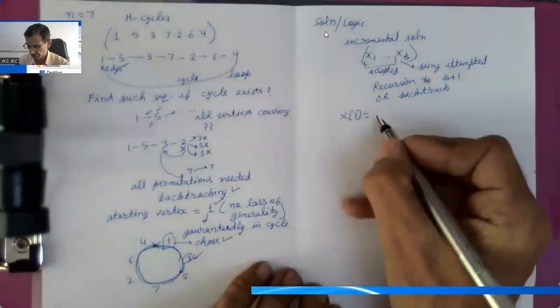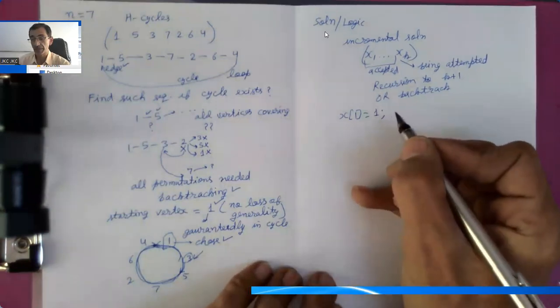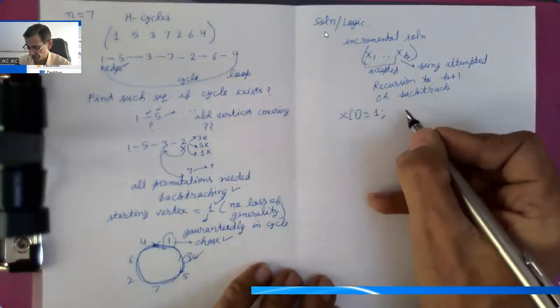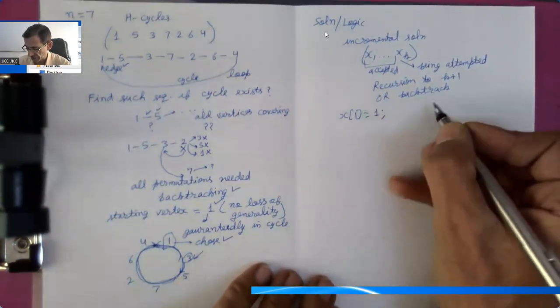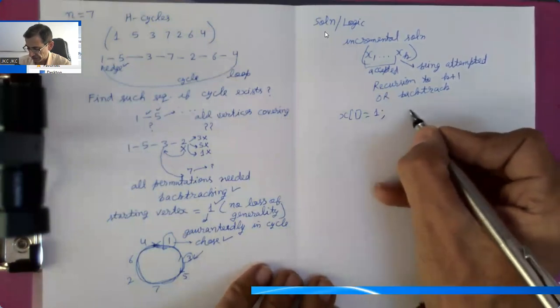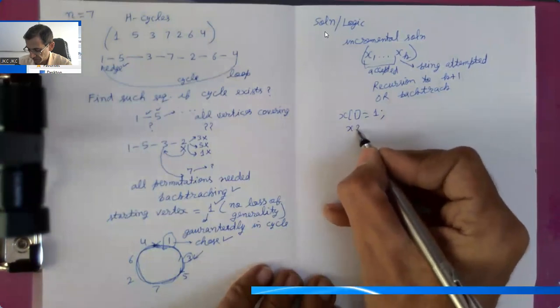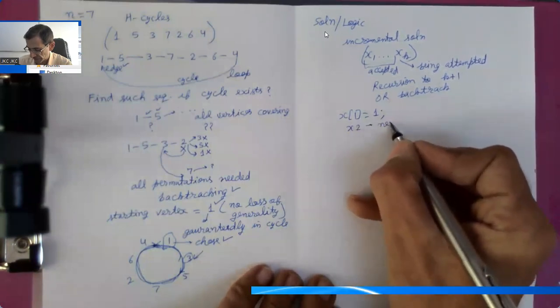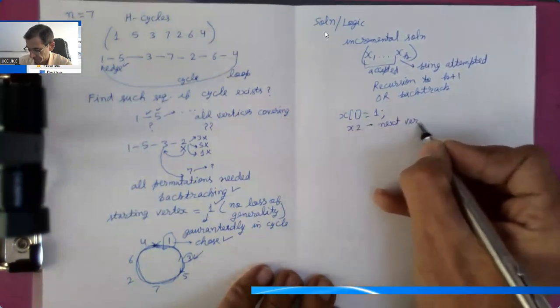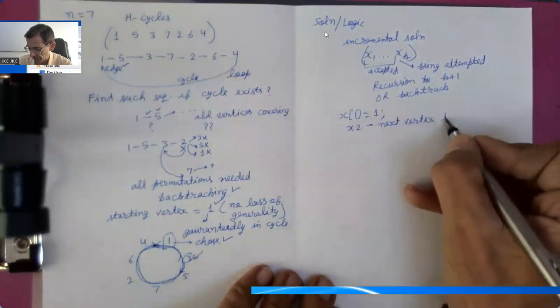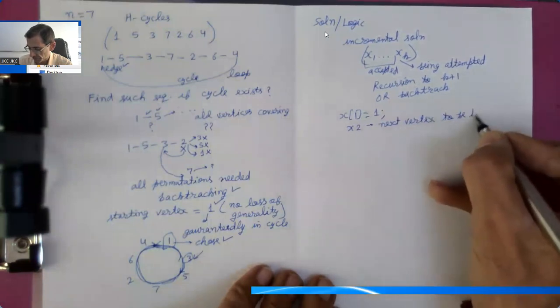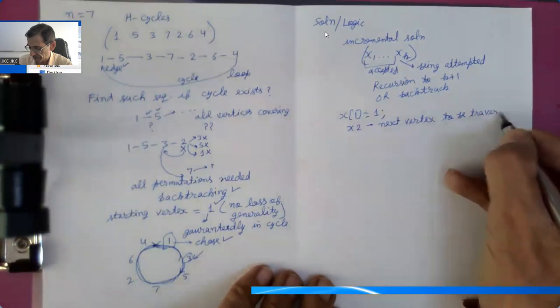So I have chosen x1 to be 1, and this becomes one frozen choice. So with this, I will decide the starting vertex is this. Now, x2 will mean which can be the next vertex to be traversed, to be visited. Find such a vertex.